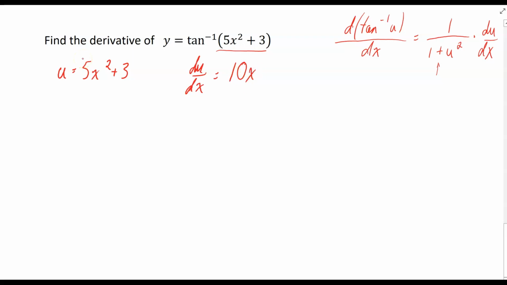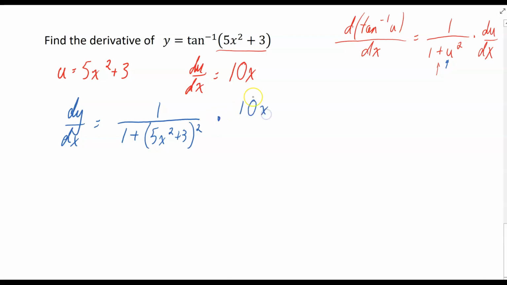And the derivative of 3 is 0. So that's done. So dy dx is 1 over 1 plus u squared. Remember I bracketed them before? Continue that. This is really important this time. That's all u, and it has to get squared. We need to multiply by du dx, which is 10x.